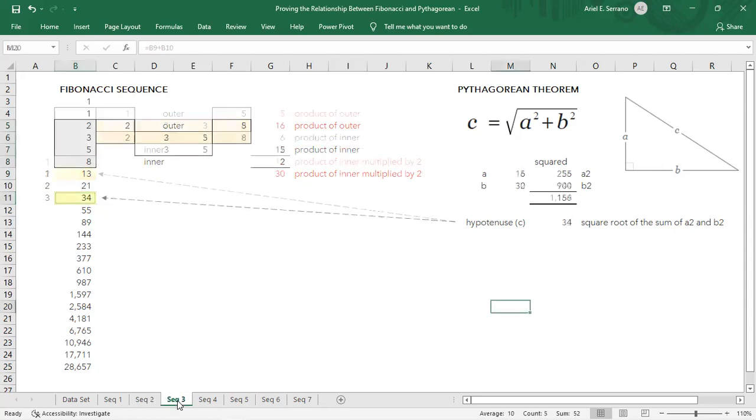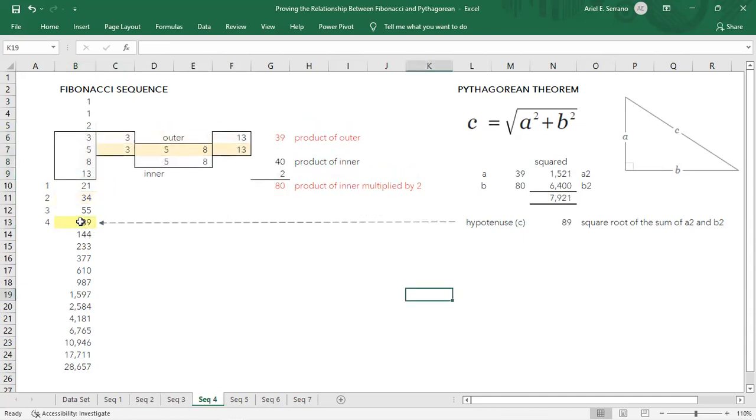So, pag chinek po ninyo yan, yes, indeed, the answer is 34. So pag ginamit naman natin itong 3, 5, 8, and 13, ibig ba nito sabihin, kung bibilang ako ng 4, 1, 2, 3, 4, ito ba yung answer? Pag chinek po ninyo ito, that is indeed correct.